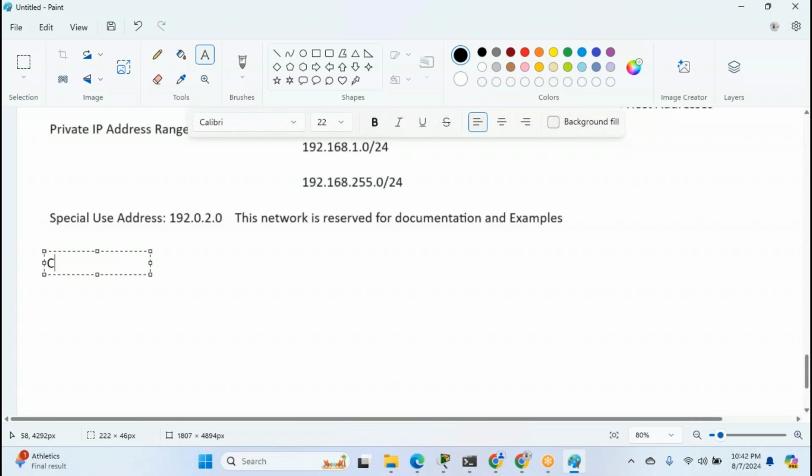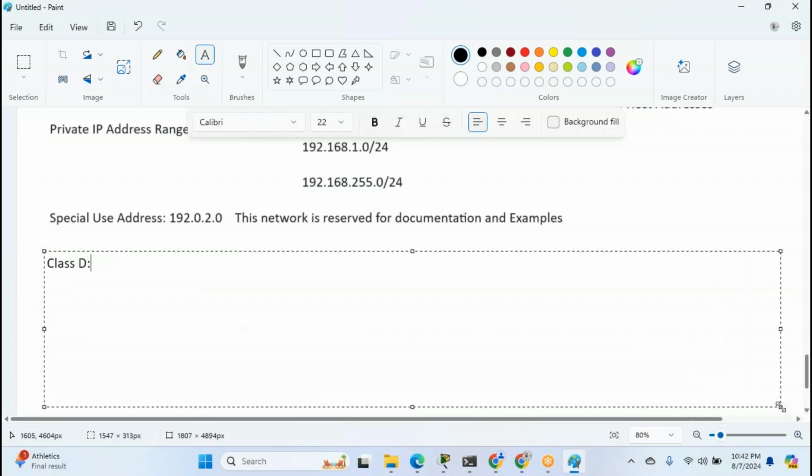Then we have class D. Class D is used for multicast. If the first octet value is from 224 to 239: 224 is 1110. If the first 4 bits are fixed to 1110 and the remaining 4 bits are 0, it is 224.